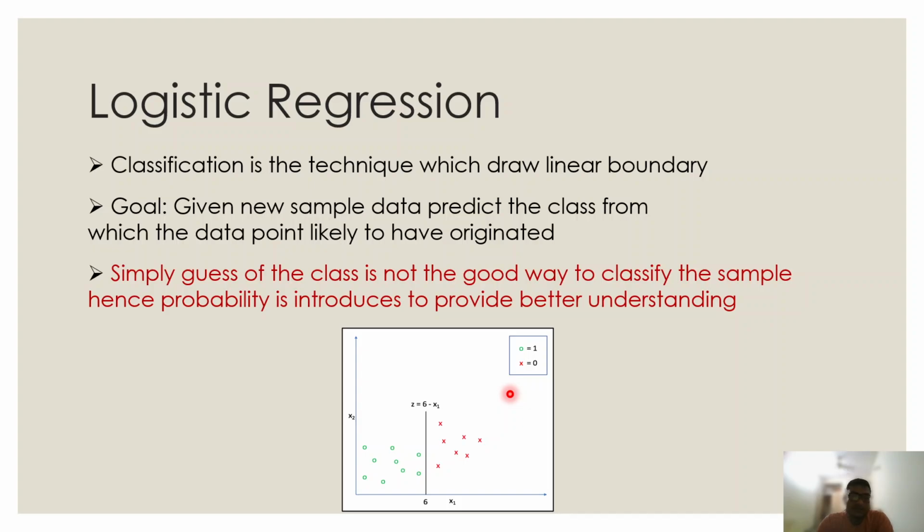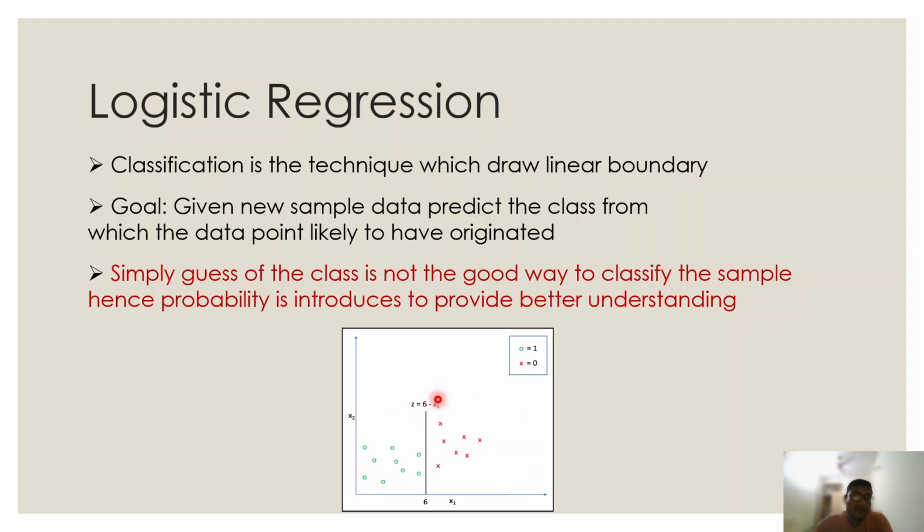If you put x1 equals 5, then 6 minus 5 becomes 1. If the value of z is positive, then it belongs to the green, and if its value is negative, then it belongs to the crosses. That way you can interpret how this decision boundary works.